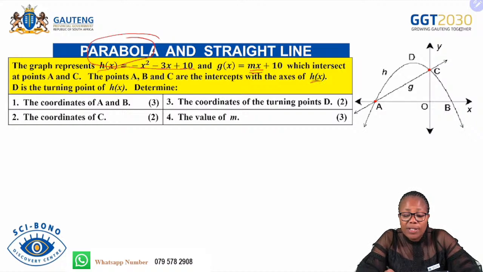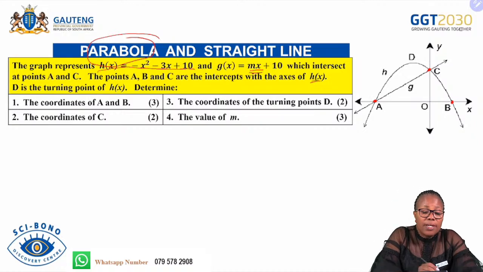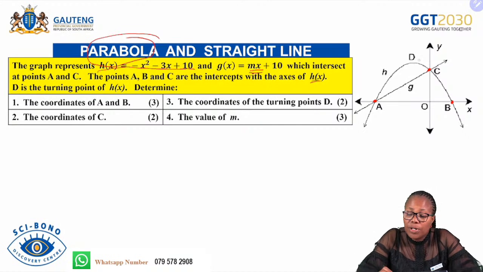As you can see, A and B are the x-intercepts, and C is the y-intercept of that particular function. And then D is the turning point. Yes, we have point D there at the turning point of h(x). Now, number one, you have to determine the coordinates of A and B.